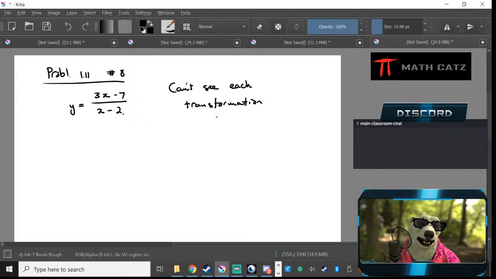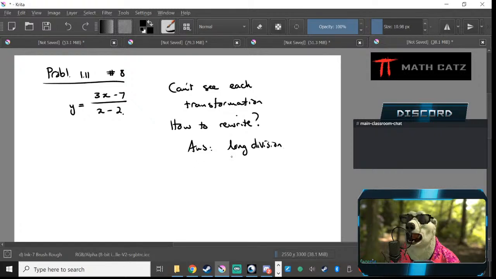So how do I rewrite this so that I can see it? The answer is with long division. I know, another favorite, right? It was completing the square. Okay, block that out. Long division, yeah. Long division of polynomials. So let's see how that works.